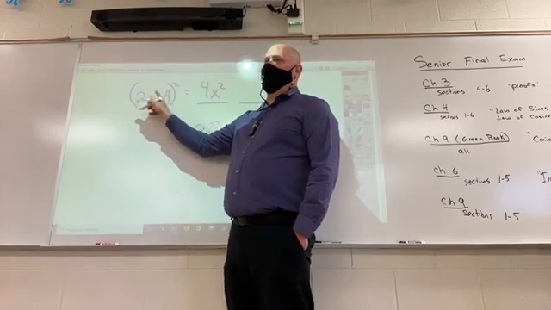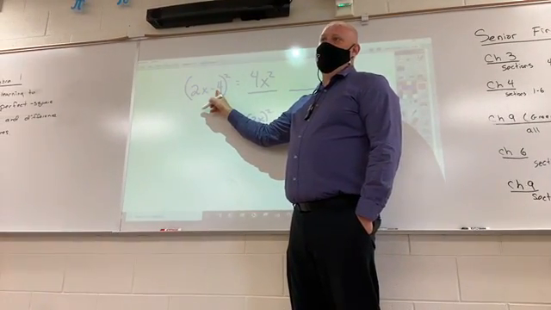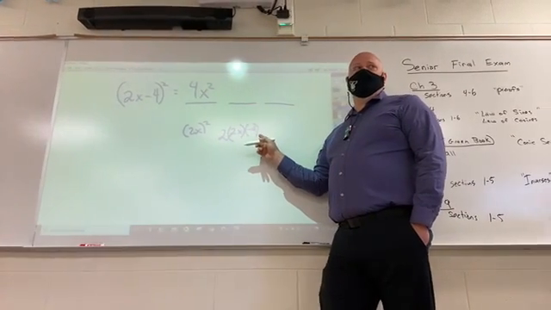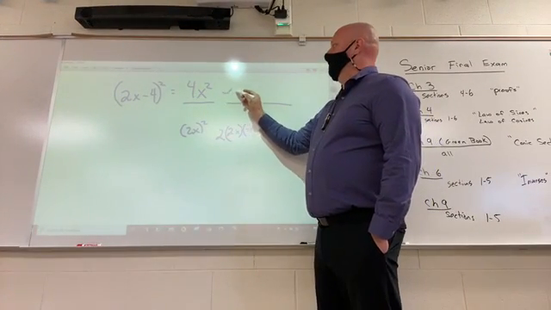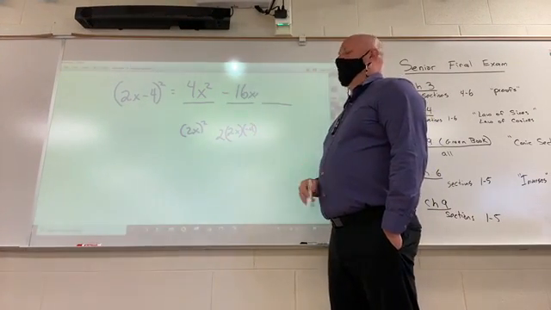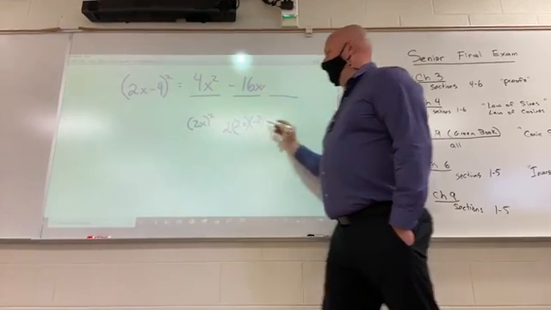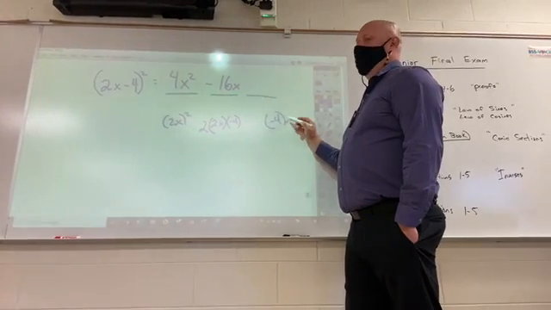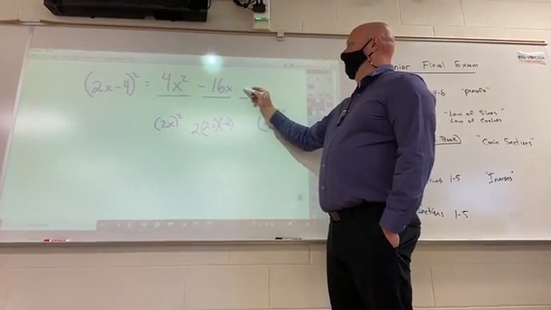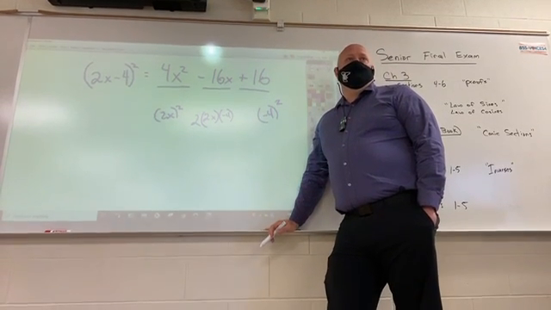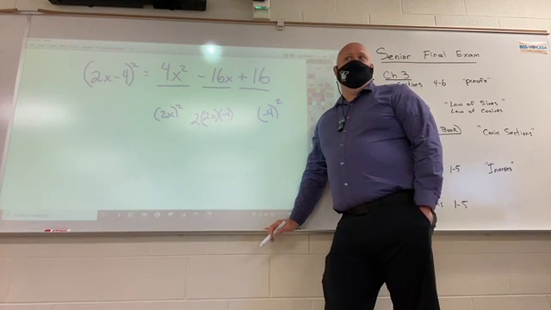So you times those two together. And then what? Times that by 2. So that'd be negative 8x times 2, negative 16x. And then how do you find the last term? You take the last term, the negative 4, and square that, or positive 16. Easy? Okay.